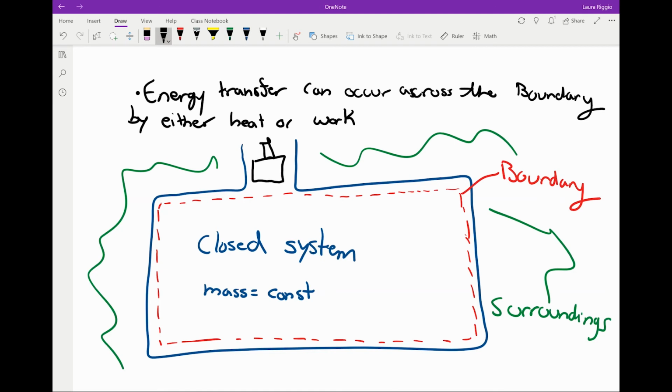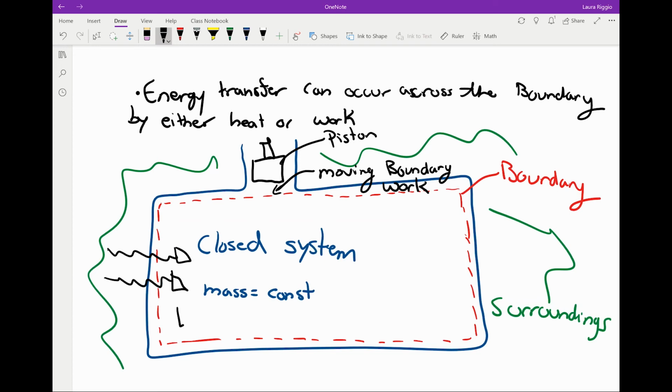So how can energy or heat cross my boundary? Well, I can have a moving piston. So this is a piston, which results in moving boundary work because the boundary is moving. I can have heat transfer.